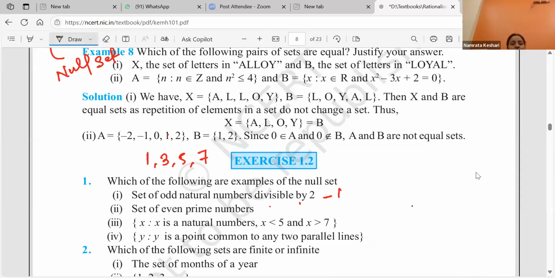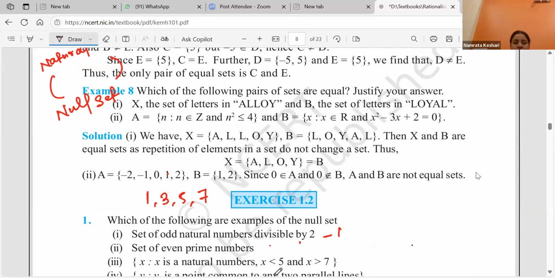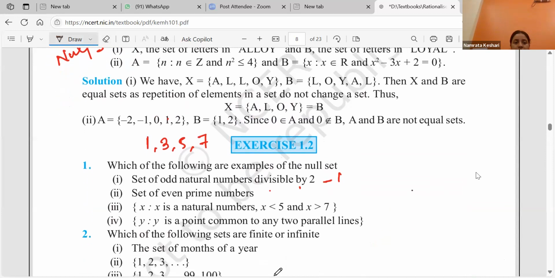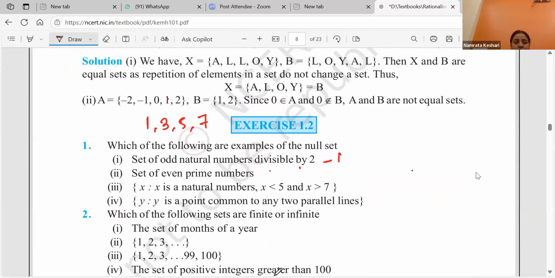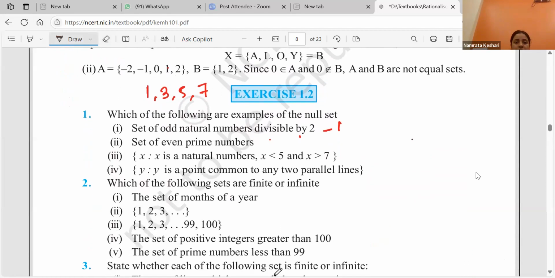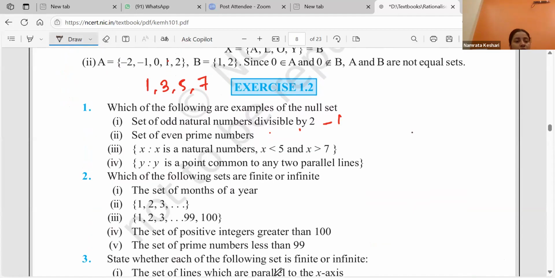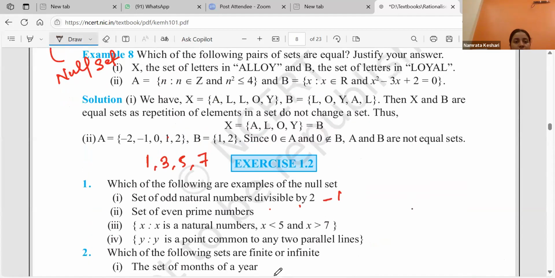Next one. That's not a null set. The third one: x such that x is a natural number. What did you say, Manvi? It's not a null set.